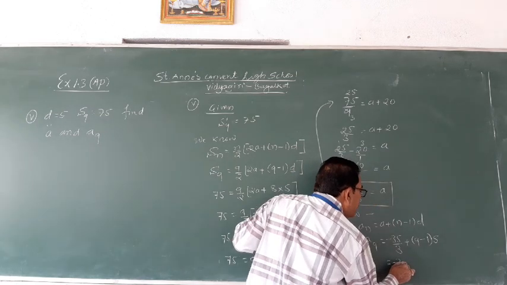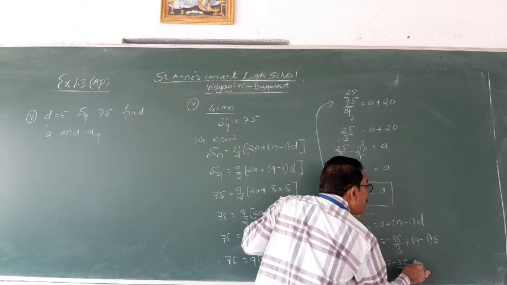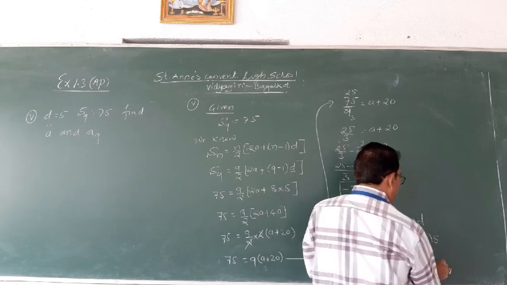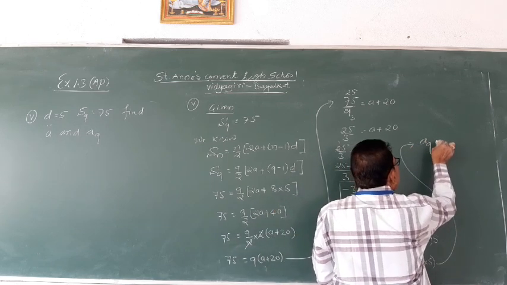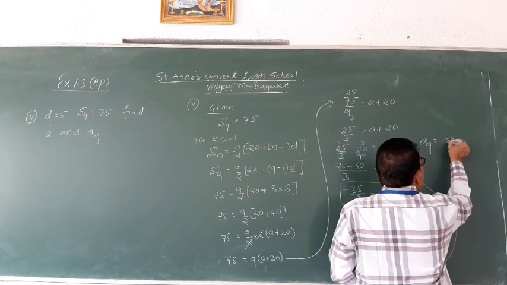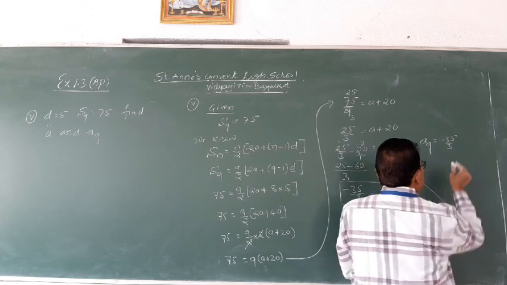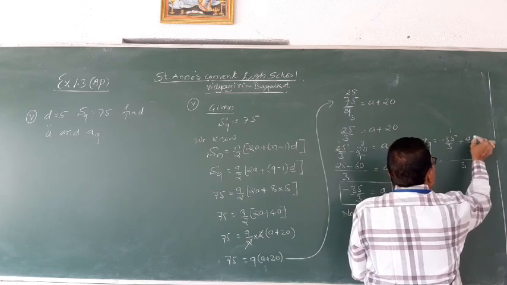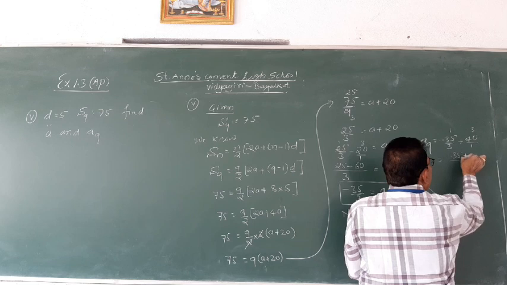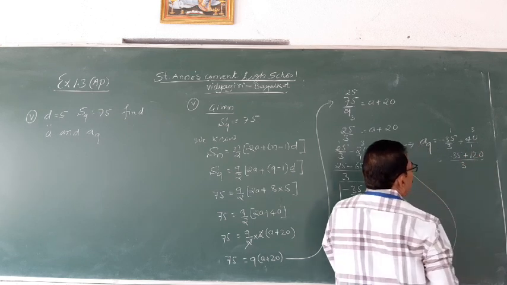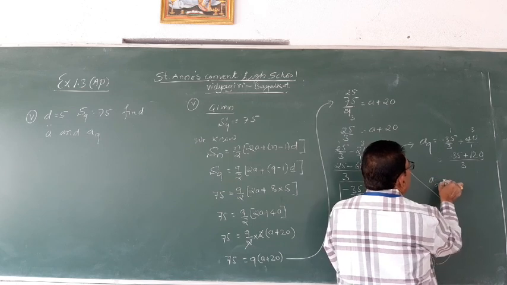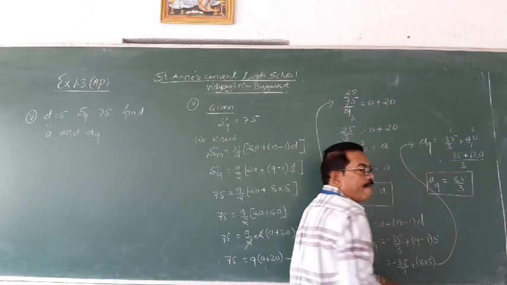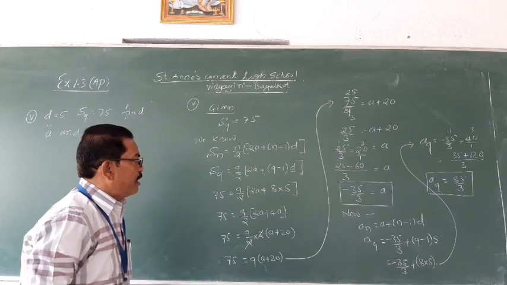So minus 35 by 3 plus 8 into 5. So a9 equals minus 35 by 3 plus 40, LCM 3, that is minus 35 plus 120. That is a9 equals 85 by 3.